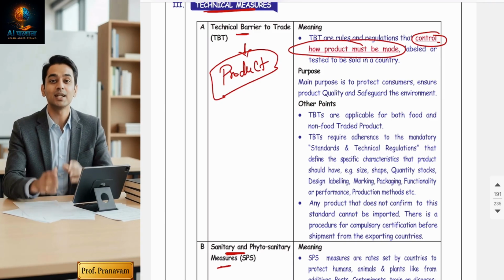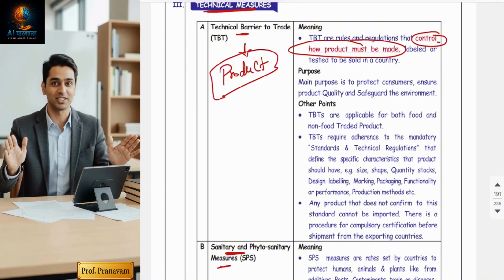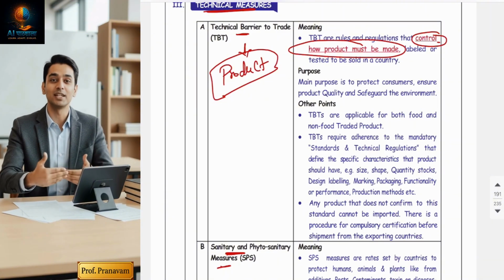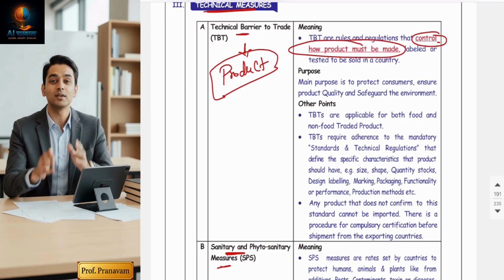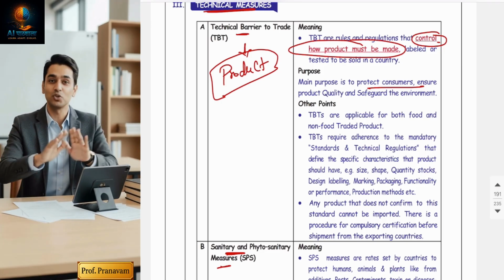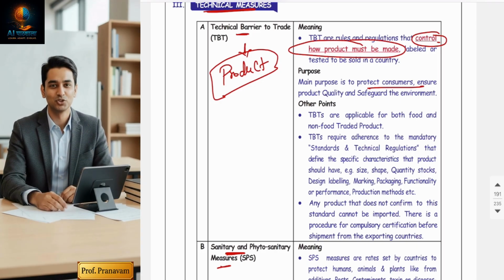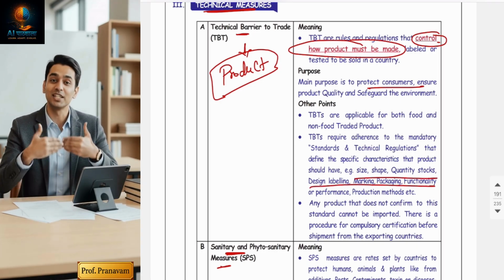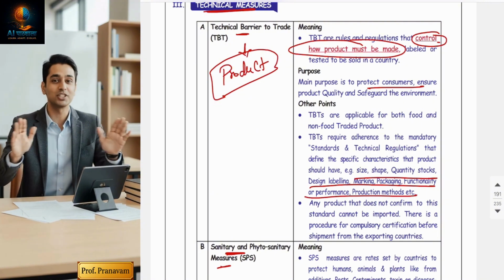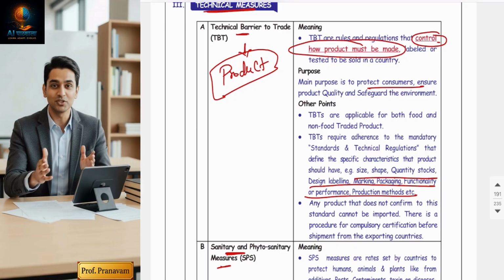So why is TBT required? TBT requires compliance with mandatory standards and technical regulations which specify size, shape, quantity, quality, etc. This is called the technicality of the products: design, labeling, marketing, packing, functionality, performance, so many things are involved. By applying all these things, they can make imports more difficult and increase the cost.